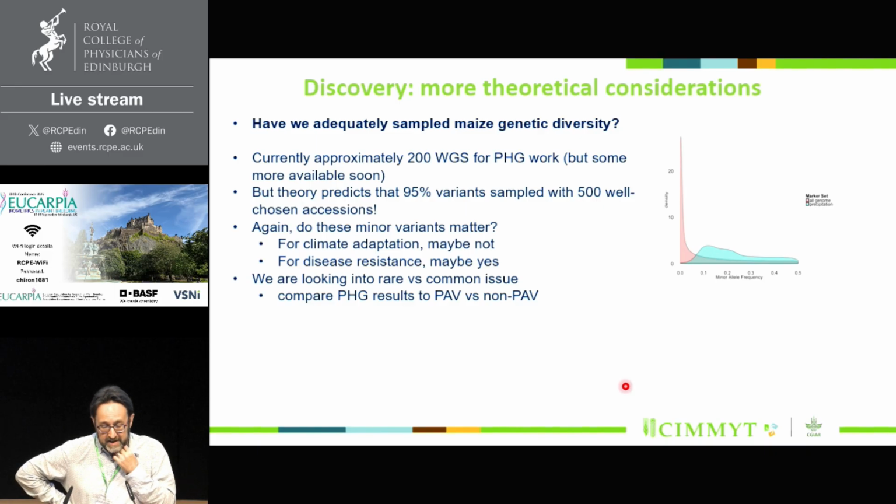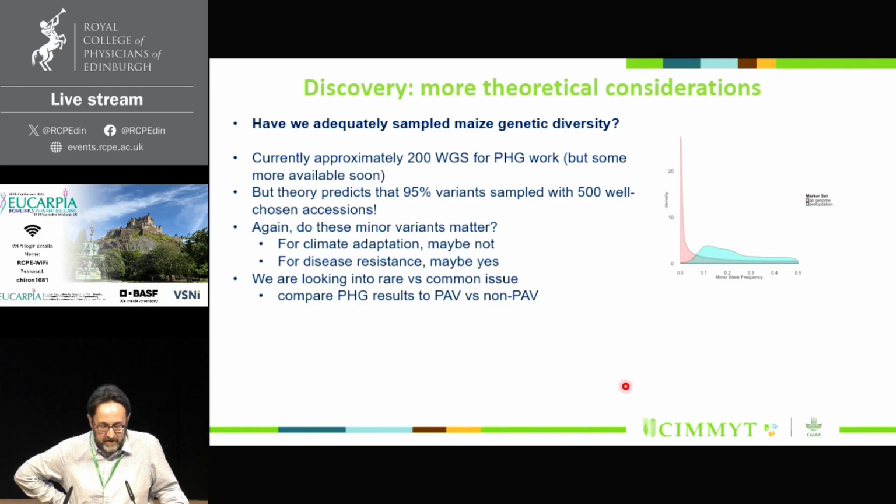We can also ask, have we adequately sampled maize genetic diversity? The answer is probably not. Our partners in this at UC Davis have calculated that if we pick 500, because maize has a huge population size, there's been loads of recombination. In theory, we would get 95% of all variants if we did whole genome sequencing of 500 well-chosen accessions. We only have 200, so we're missing some of the variation.